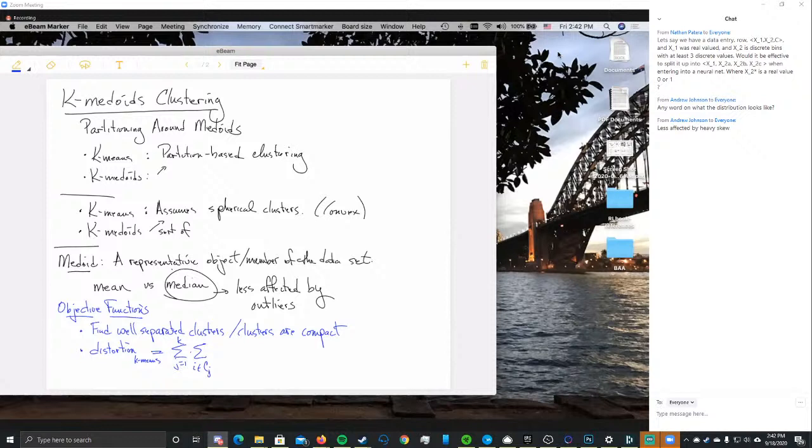Within the jth cluster. So we're only considering those points within the jth cluster, and we simply take the difference of the points and the centroids, squared.